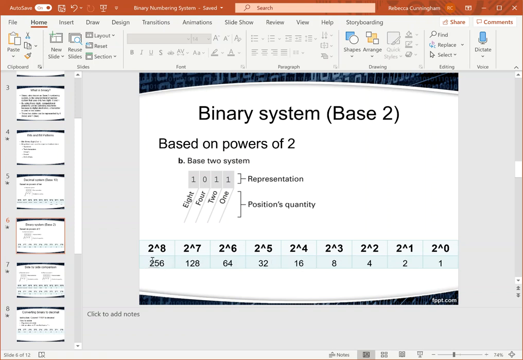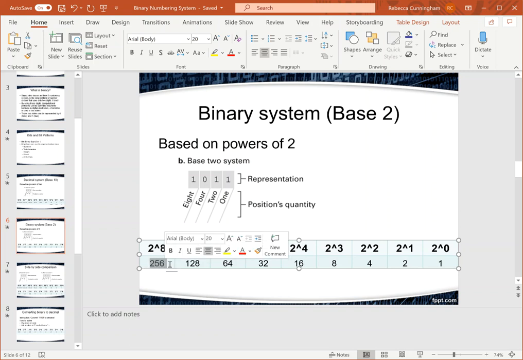If we go out to 8 places, and remember that 8 bits make a byte, we can make 256 unique combinations of zeros and ones to represent, in this case, numbers, because that's what we're talking about. But as we mentioned in the 1403 class, if you've watched those videos already, it can be used to represent a variety of things.